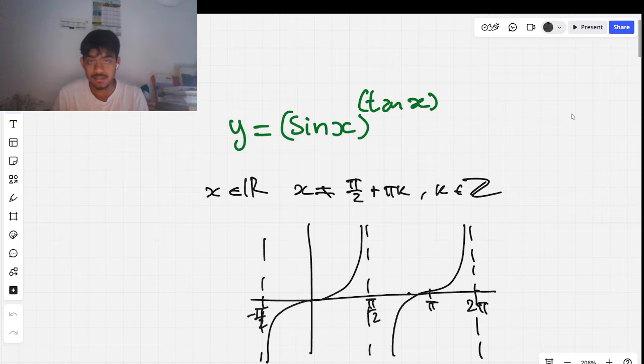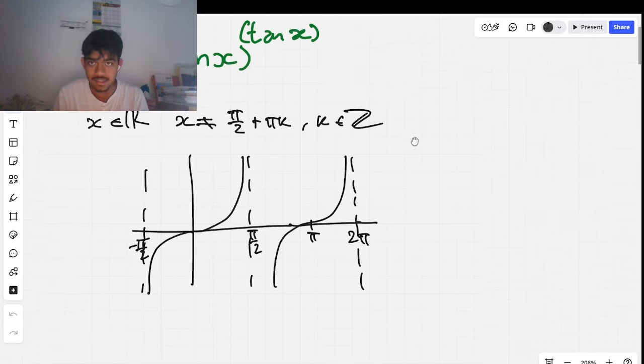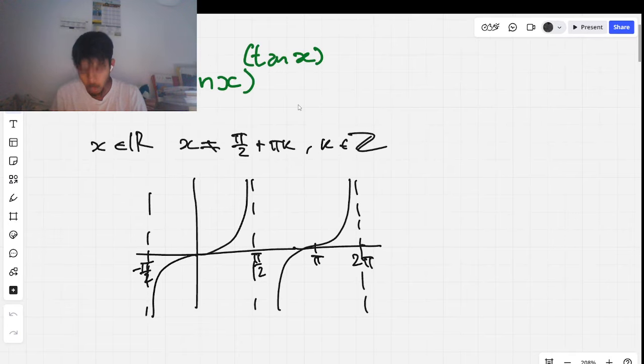Now, to check some trivial points like x equal to 0, if we do that, we get 0 to the 0, which is just 1. So we know our graph will start at 1. So I'm going to draw it on the side here.